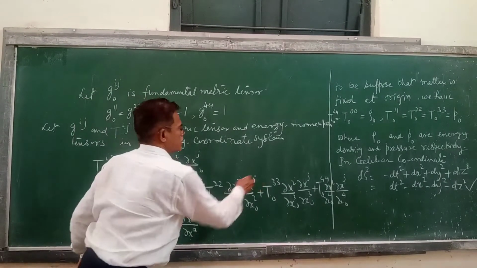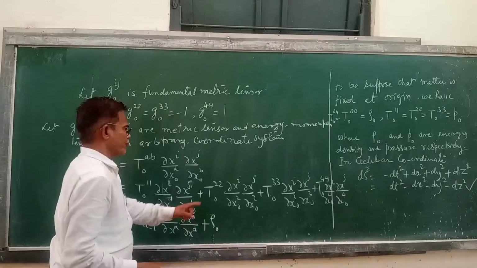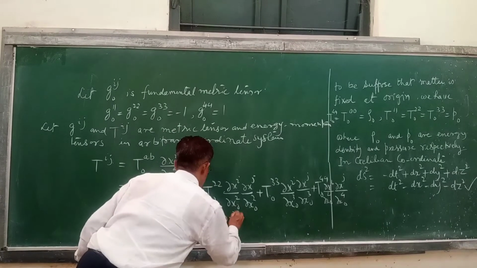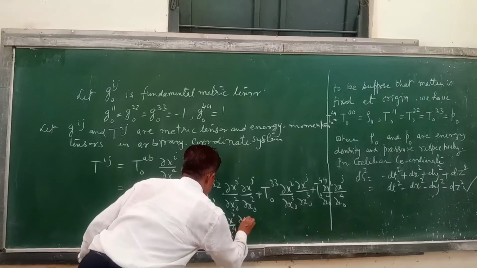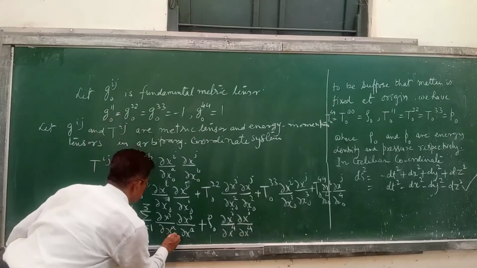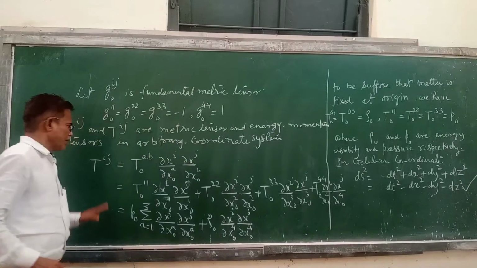And this is rho 0, so rho 0 del x I upon del x 4, del x J upon del x 4, with suffix 0. Okay, so this is Tij.